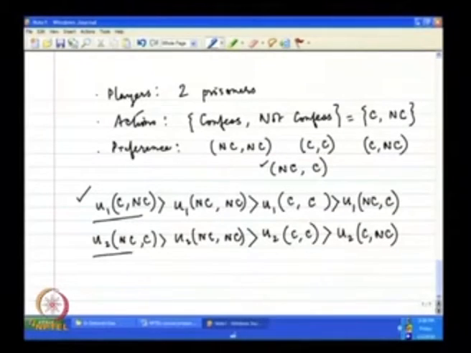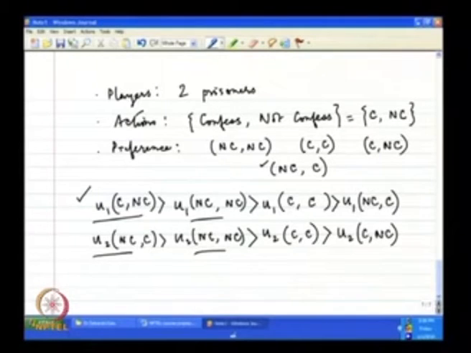Now since ordinal preference is what we have here, it does not matter what numerical value I attach to each of these, U1 of this, U2 of this, etc. It does not matter what absolute numerical value I attach, as long as those 4 numerical values are ordered in this fashion, relatively. So the numerical values that we shall choose will be the simplest possible to deal with, and the simplest I can choose is 0, 1, 2, 3.